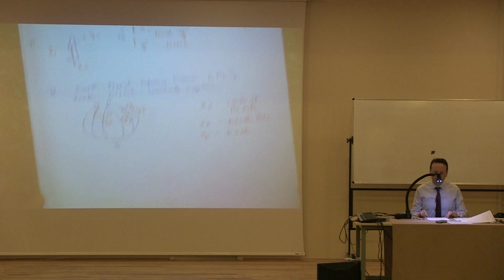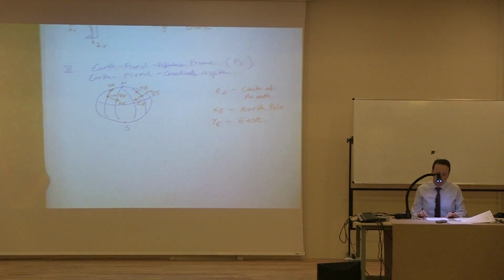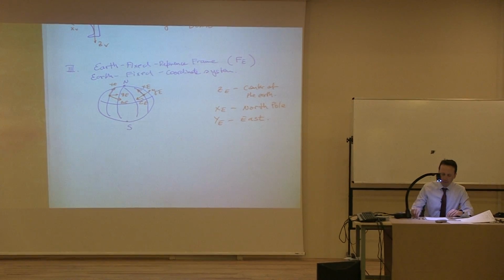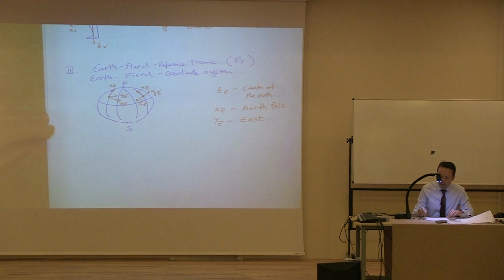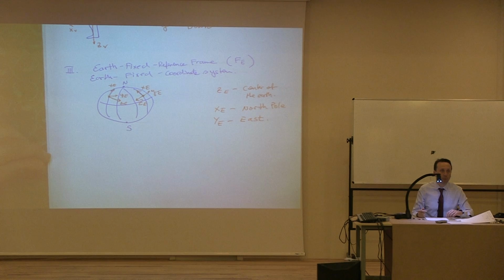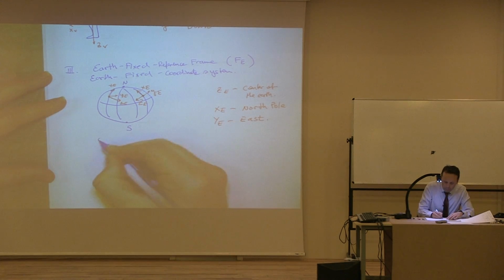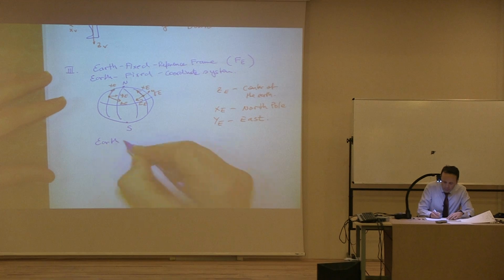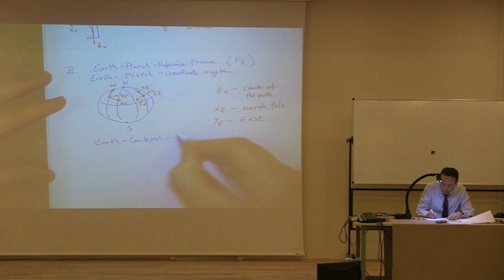All right. So there is one more coordinate system that is related to the Earth, and we are not using it too much, but when the Earth rotation is of importance, we use that too sometimes. It is the Earth centered coordinate system.